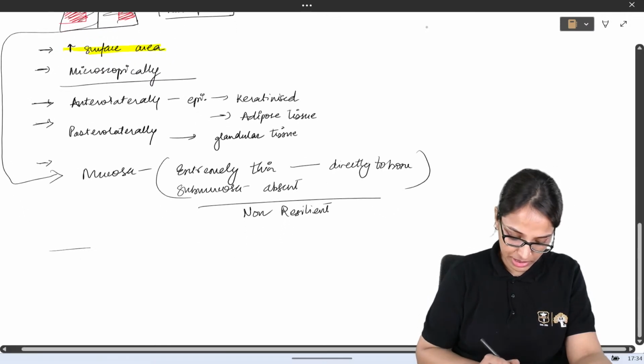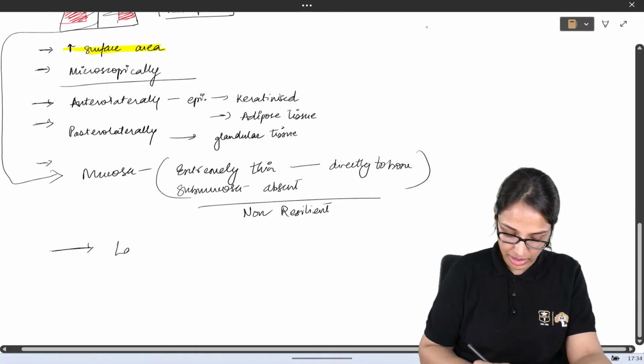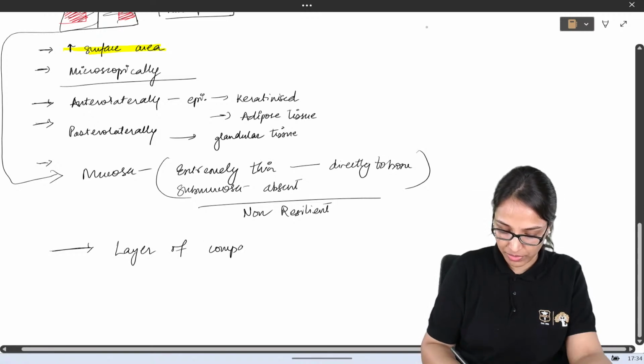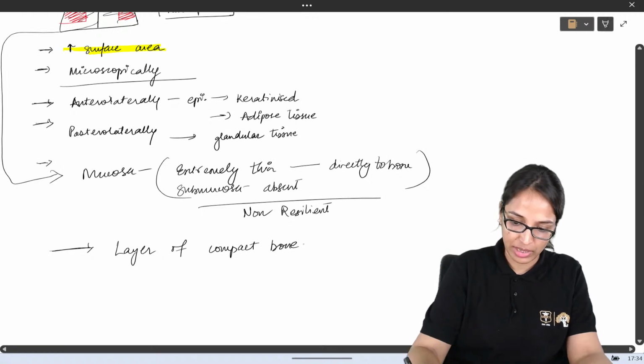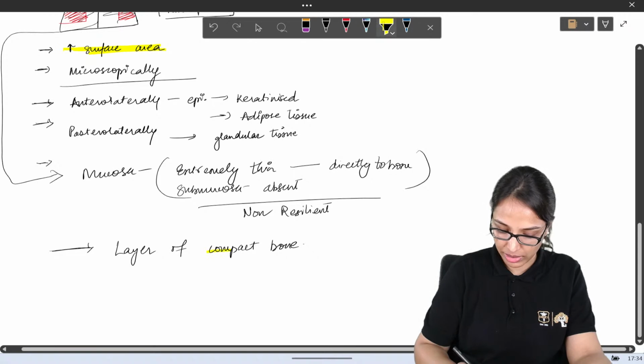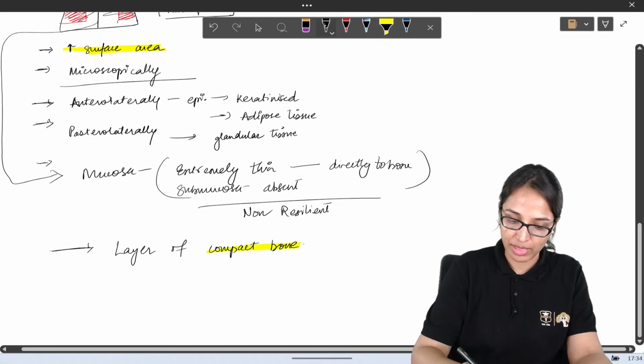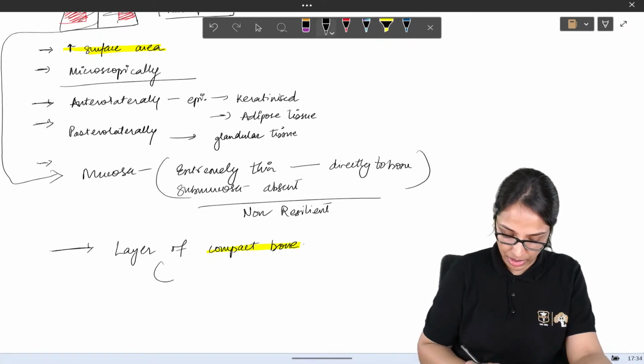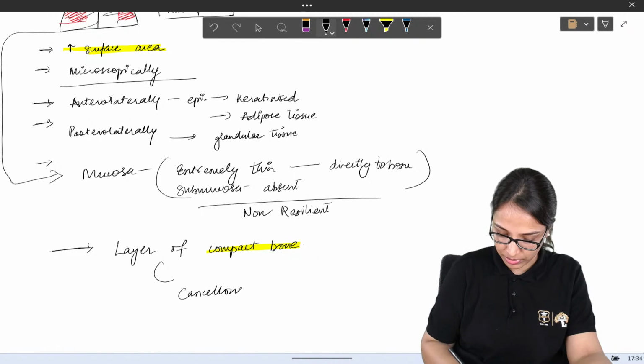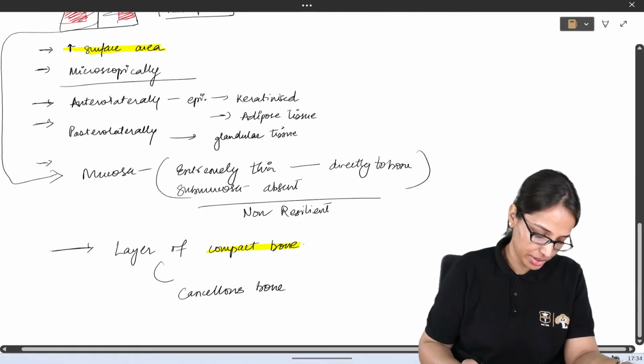Second reason that we see is that there is a layer of compact bone. Now, all of you are very well aware compact bone can help you absorb and dissipate forces evenly, right? So there is a layer of compact bone and then the underlying layer under it is cancellous bone. So a good combination of bony architecture is present.